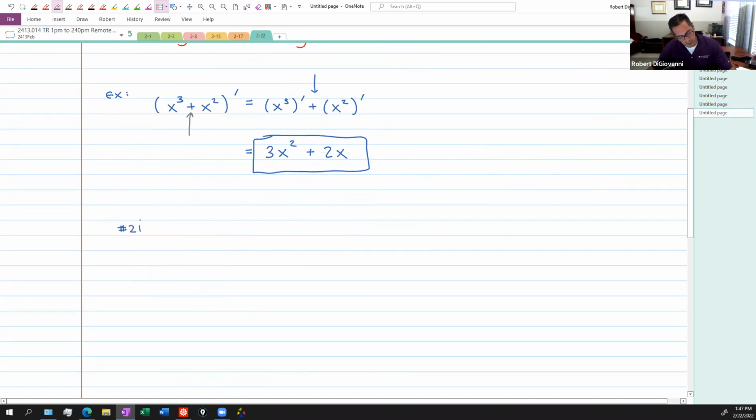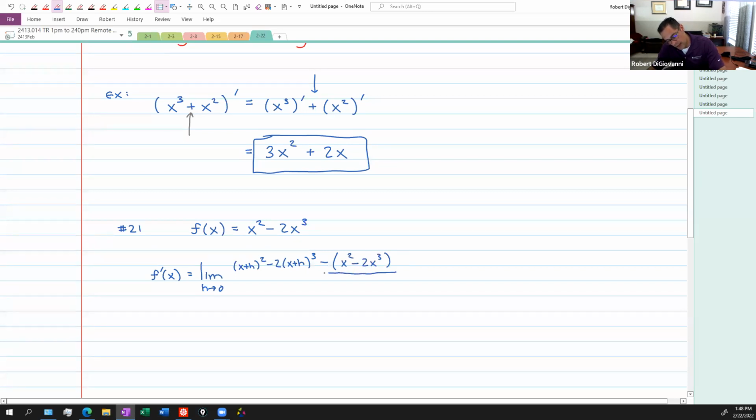It gave you a function f of x equal to x squared minus 2x cubed, and you were supposed to find the derivative by the definition. So you had to set up a limit as h goes to 0 of f of x plus h, which is x plus h plugged into the function, minus f of x, which was x squared minus 2x cubed, all over h.